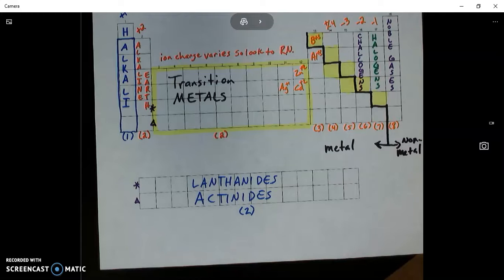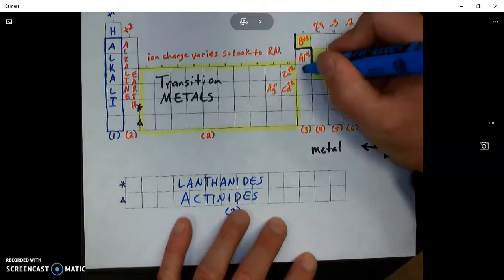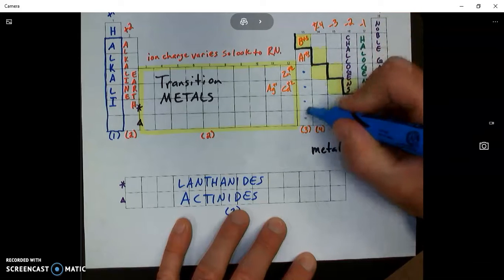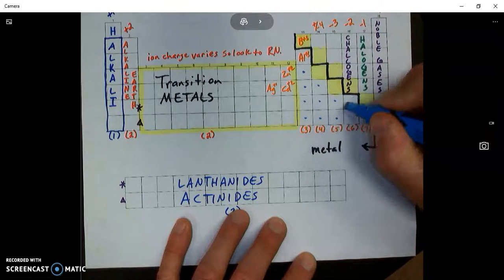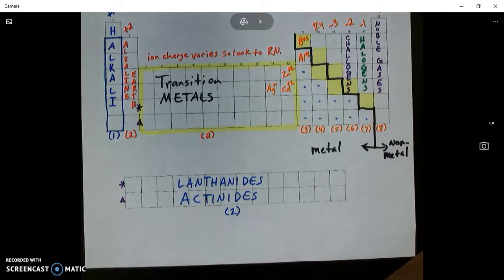Okay? Now, we will add some other information to this as we go through the remainder of the electron configurations piece. There's one section of metals down here. So all of these guys here, we simply refer to as other metals.